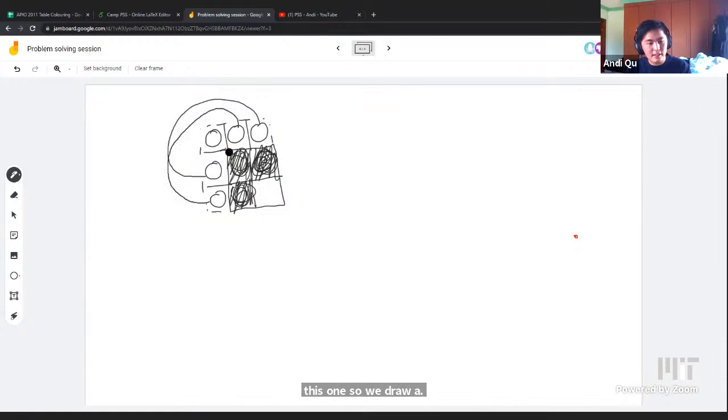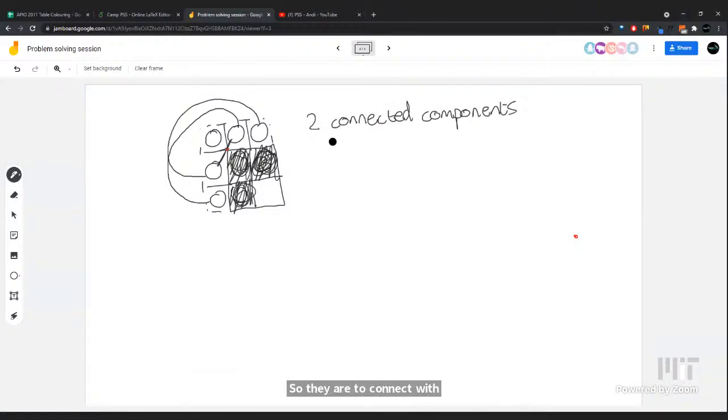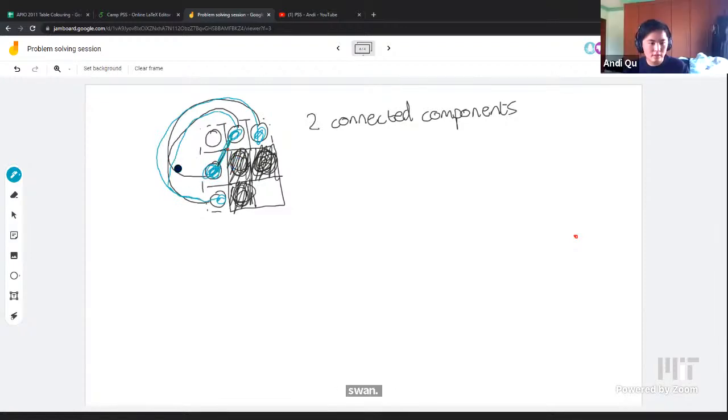And this one is colored in, so this gets connected to this. And so there are two connected components. Which two? So this one. So there's this one. These four nodes are connected. And there's this one.